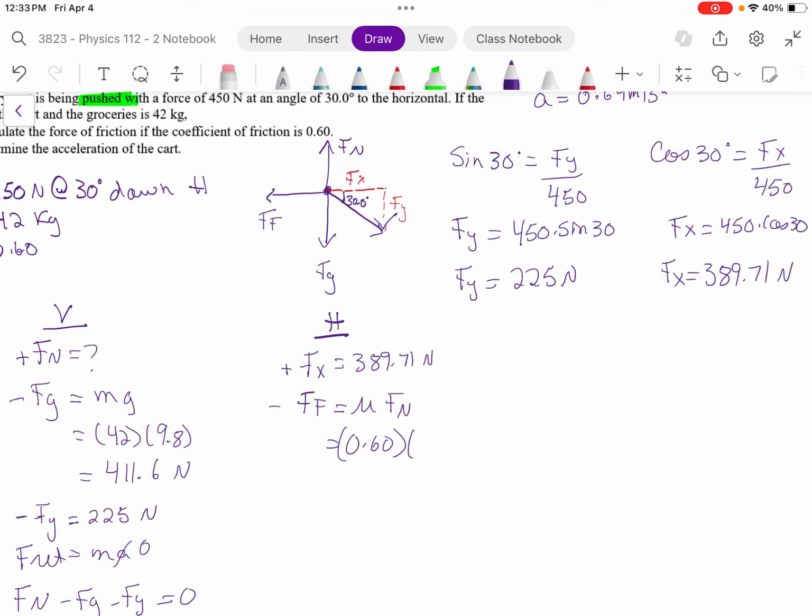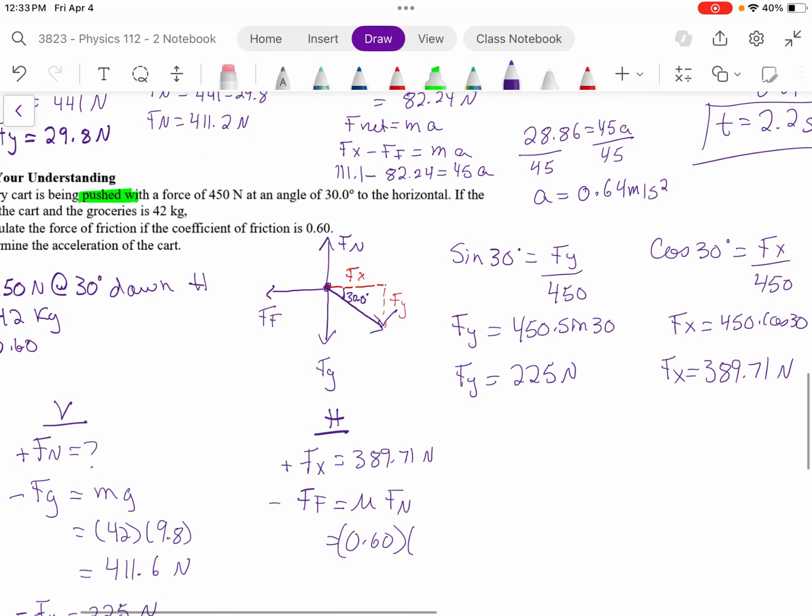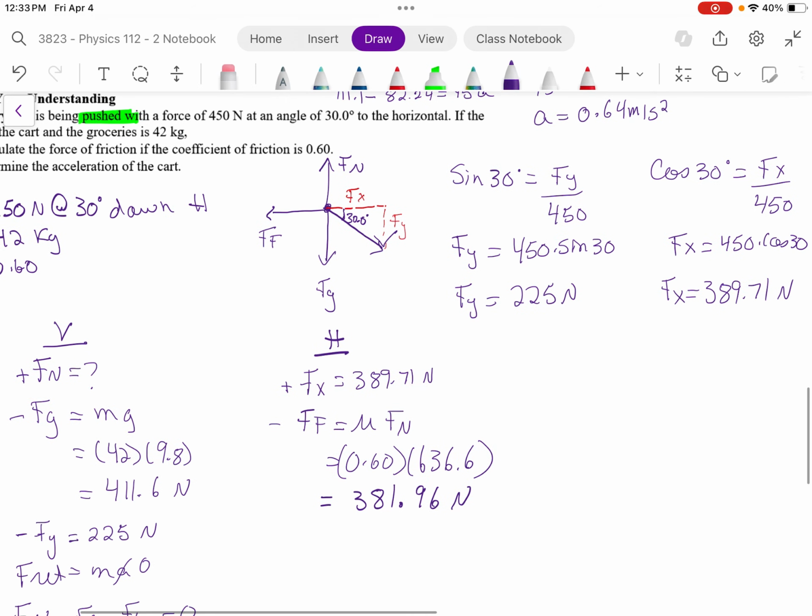We calculated our Fn to be 636.6. So we have a frictional force of 381.96 newtons.